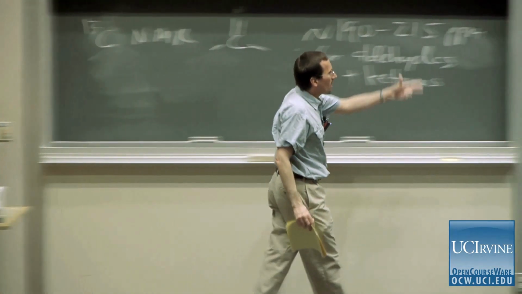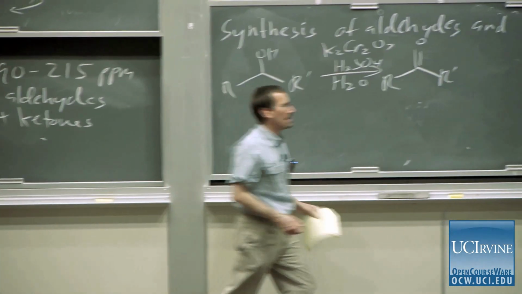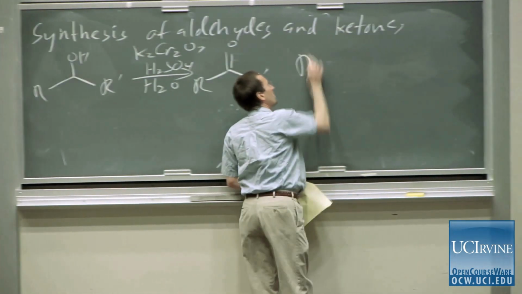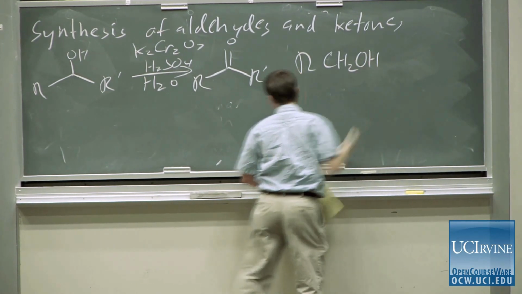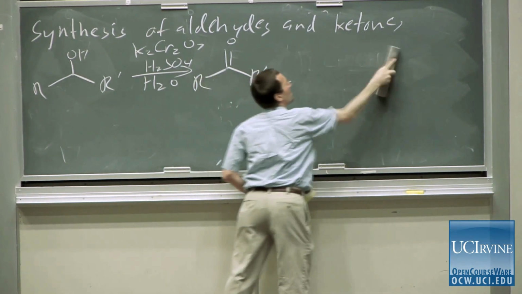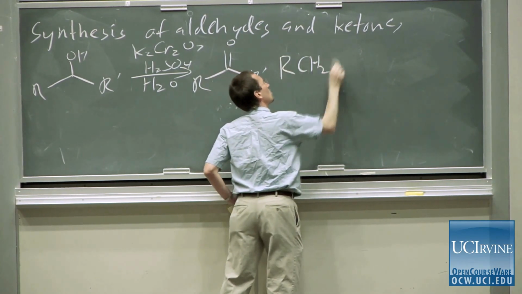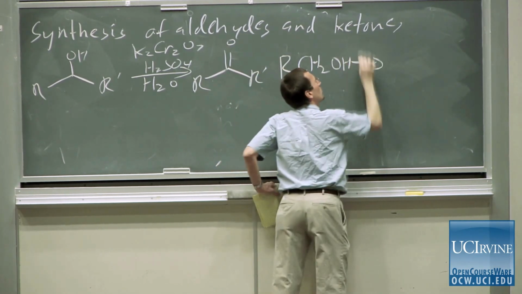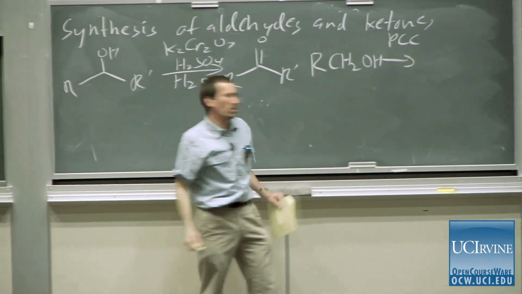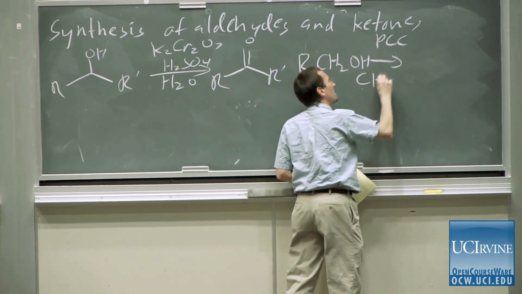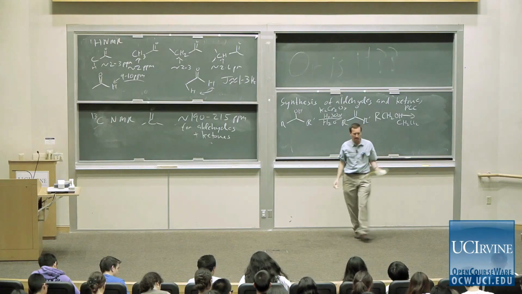This reagent oxidizes primary alcohols directly to carboxylic acids, but if you take a primary alcohol, RCH2OH, and you treat it with the reagent PCC, pyridinium chlorochromate, often in methylene chloride, you need a non-hydroxylic solvent.